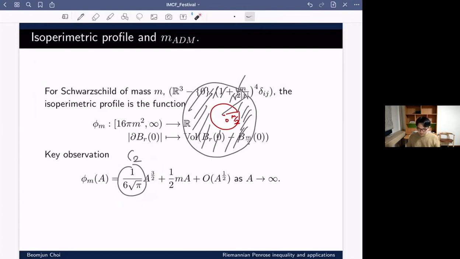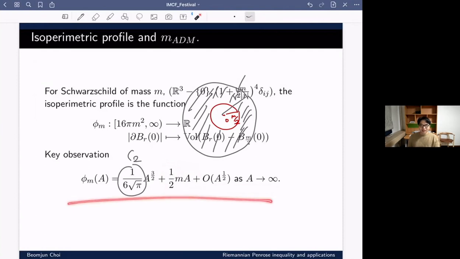And the important thing is this. In addition to this Euclidean volume, the additional amount is given by this 1/2 m times A. There are some lower order terms. So it exactly suggests that my m allows me to put more volume in a given area.